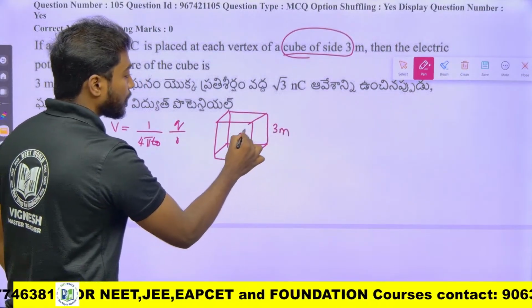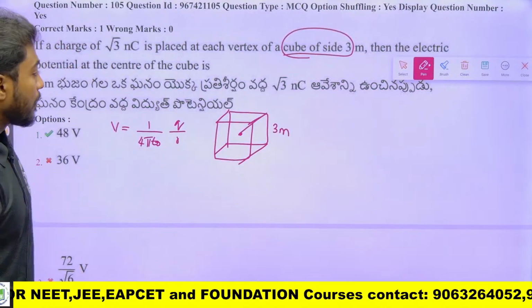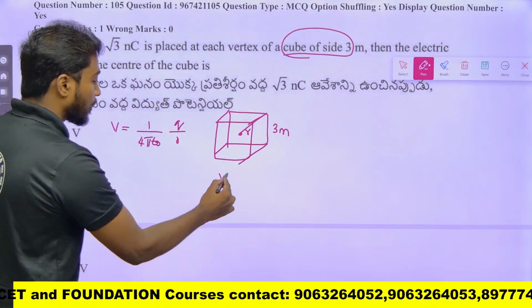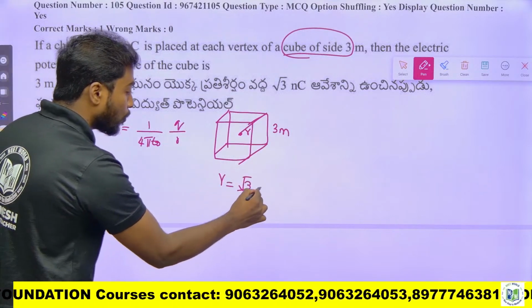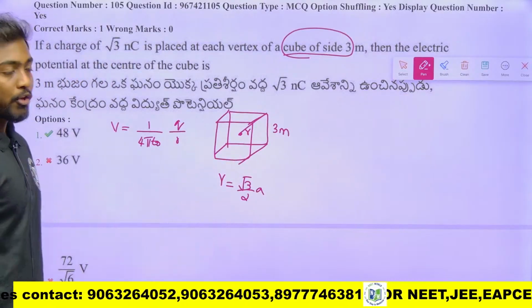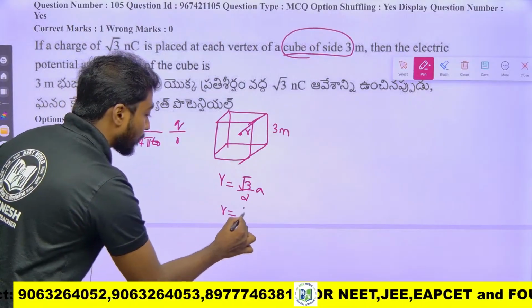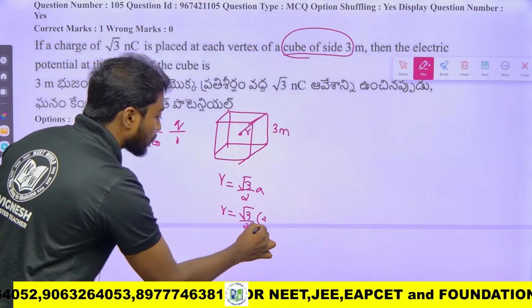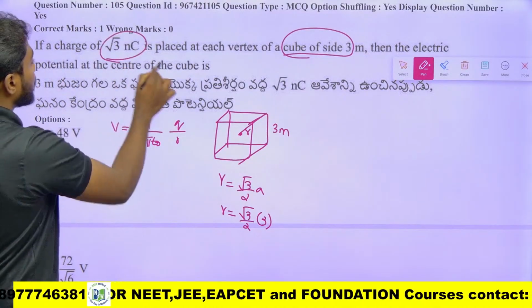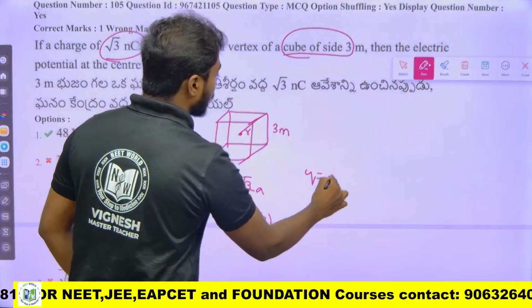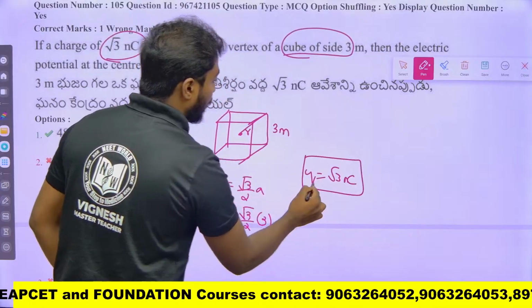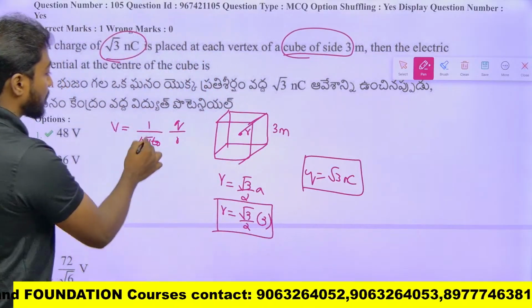So from the center to any vertex, let me take the distance as R. What is the formula we know? That is root 3 by 2 times the side of the cube. So from this I will get R is equal to root 3 by 2 into 3. Q is given as root 3 nanocoulomb. So take the value of Q and the value of R, I can substitute it here.